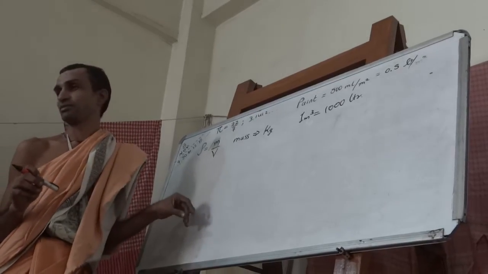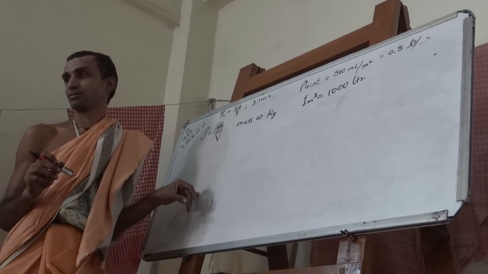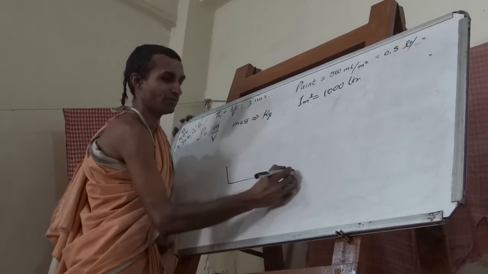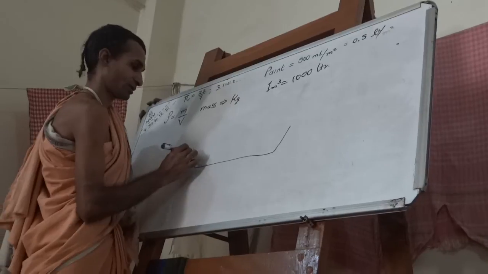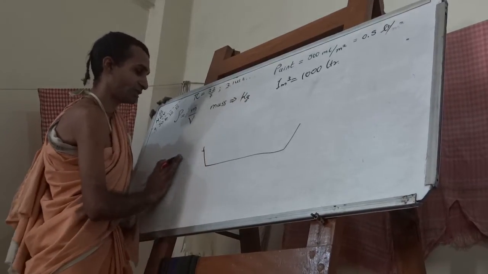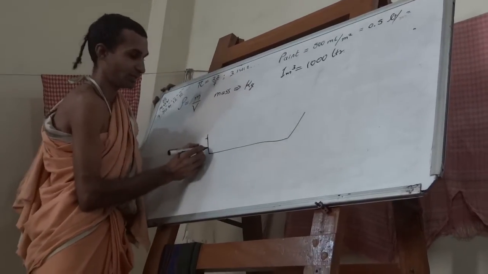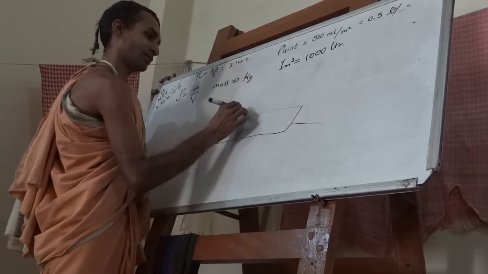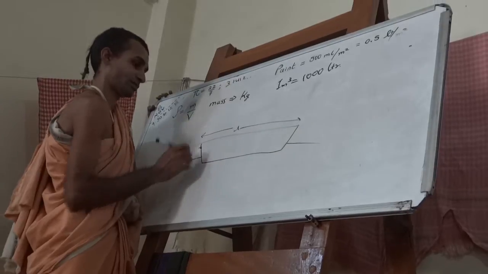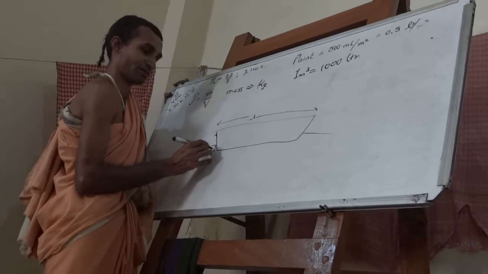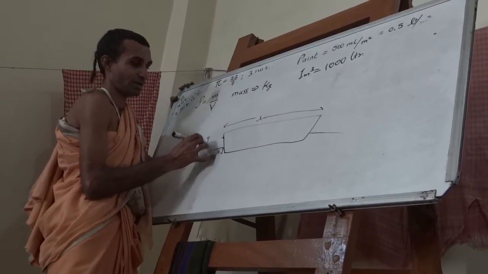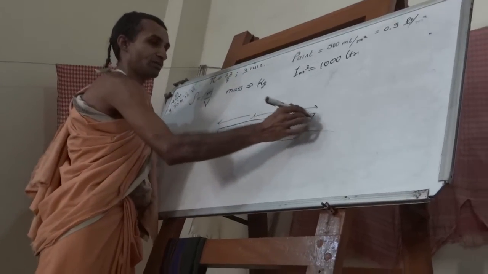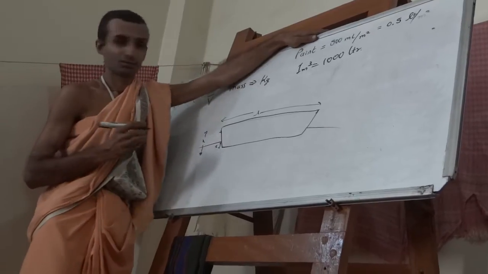So this was about the ship. Only one thing about it now. If we see the ship from the side, right now up till now we were seeing it from the front. Even if you see it from the side, no problem. This is the length. This is the height.